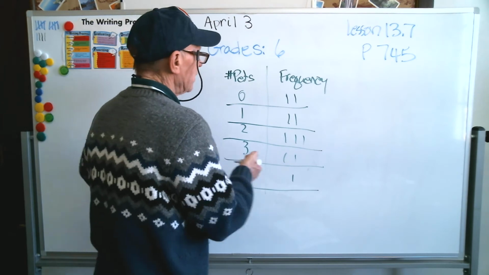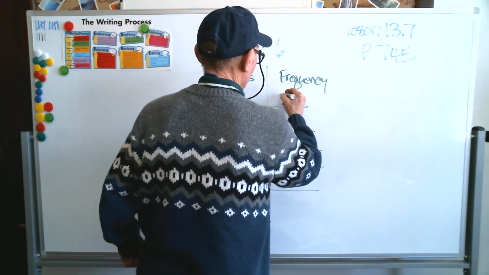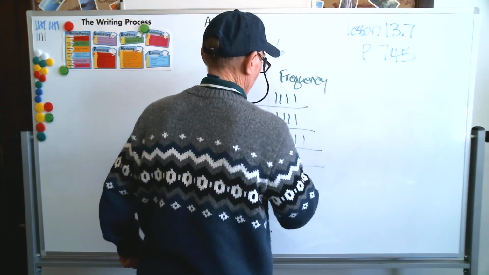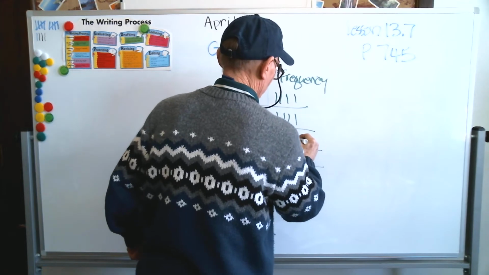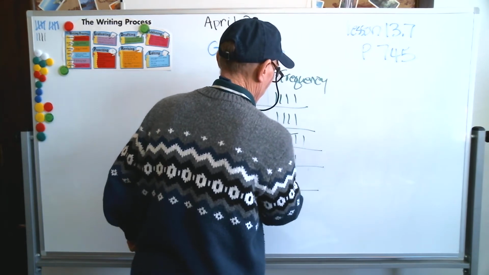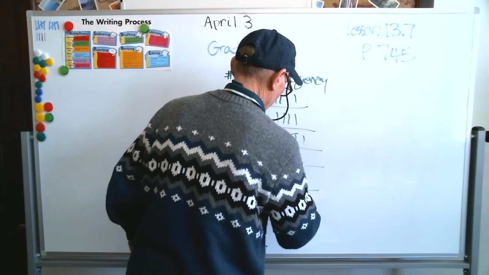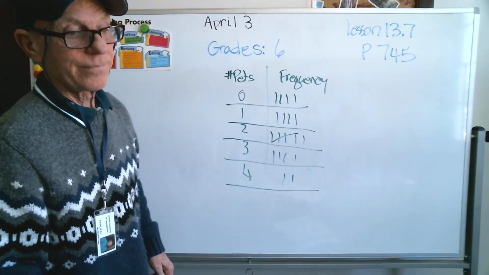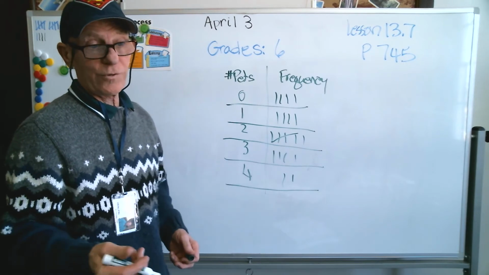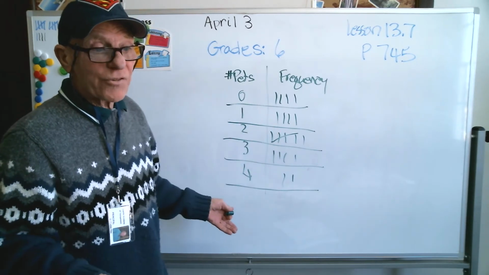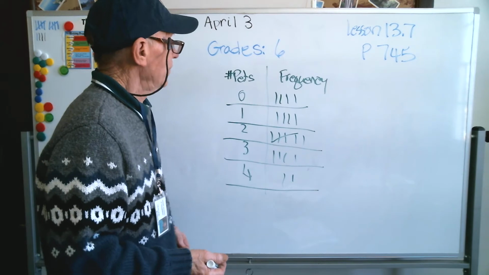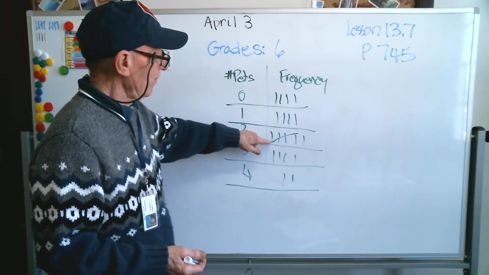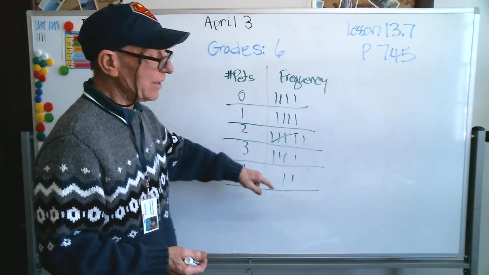So, we're just going to double everything here. Because you surveyed 20 people, you got to have 20 answers, right? And we do now. 4, 8, 14, 18, 20.